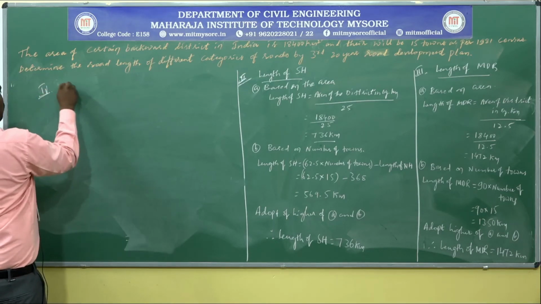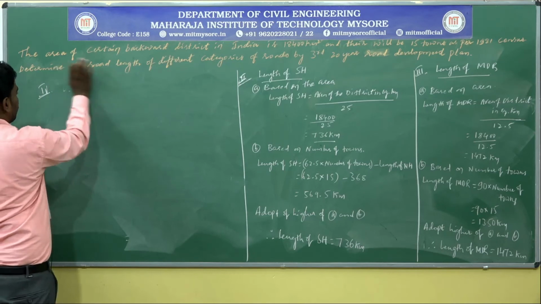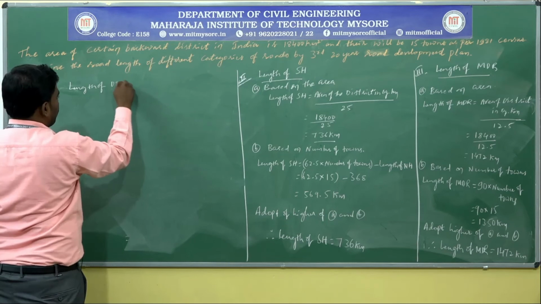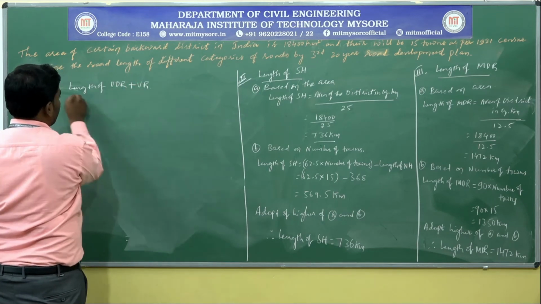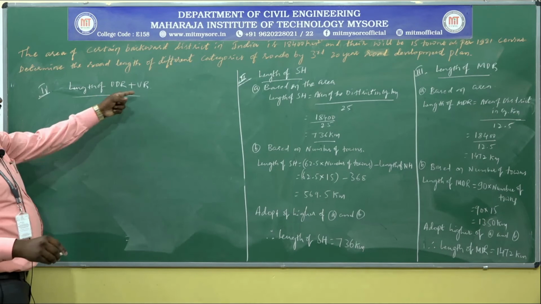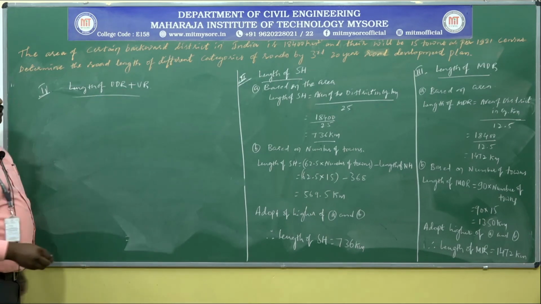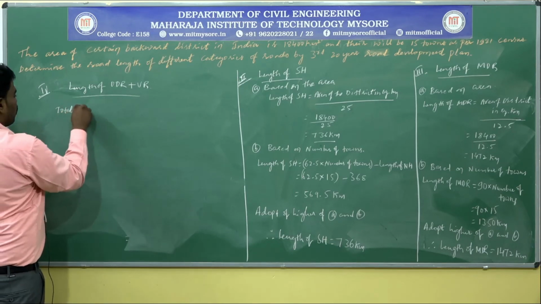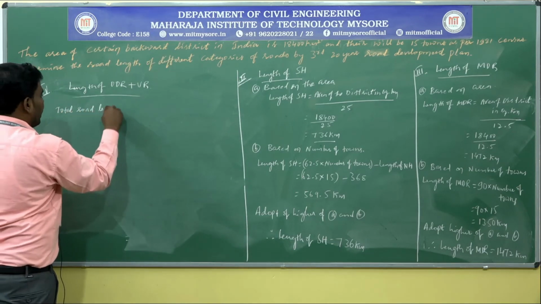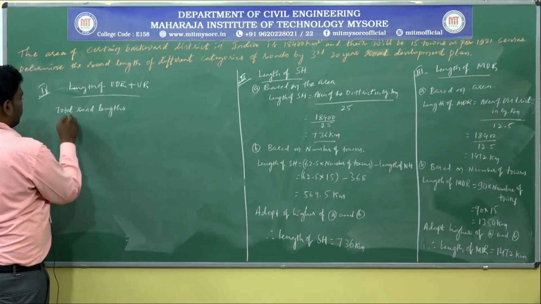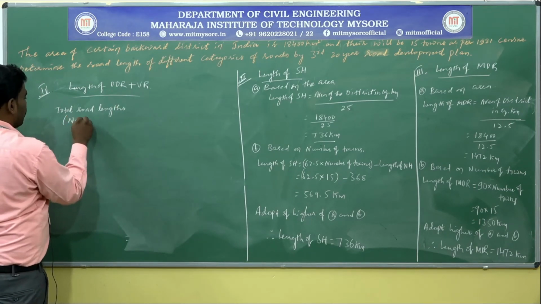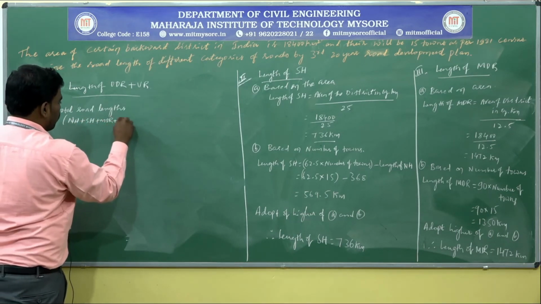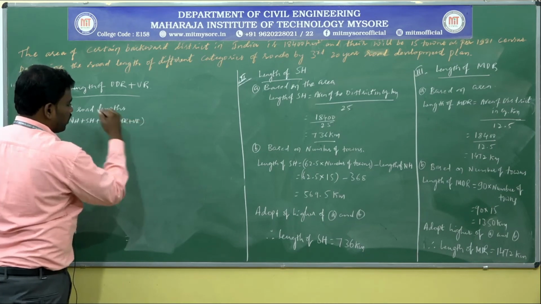Step number 4, length of ODR plus VR. Before calculating the length of ODR and VR, you calculate the total length of all roads, that is NH plus SH plus MDR plus ODR plus VR, all 5 together.